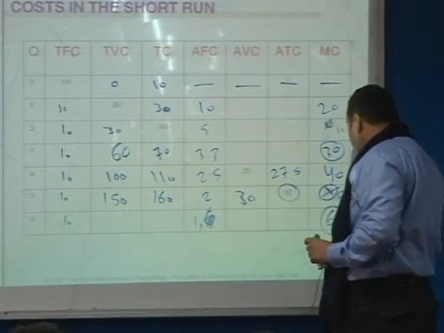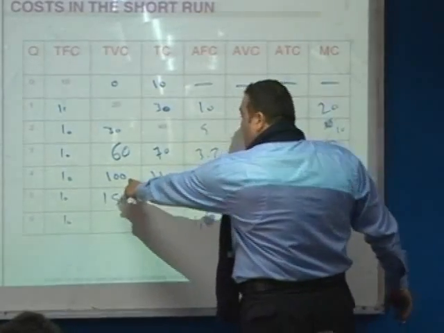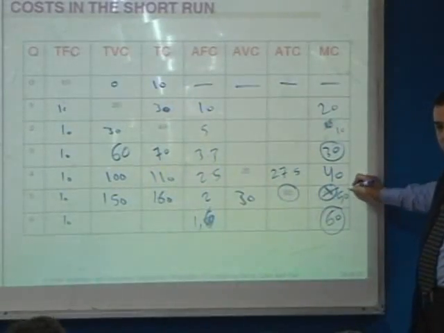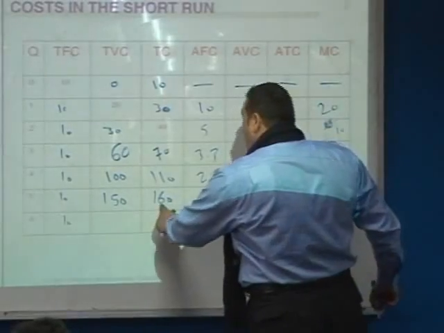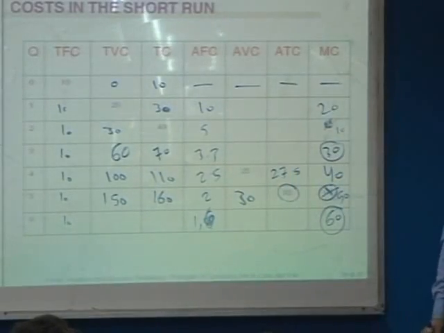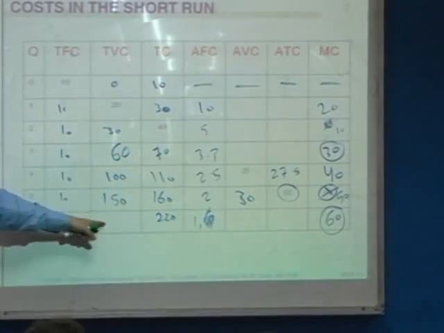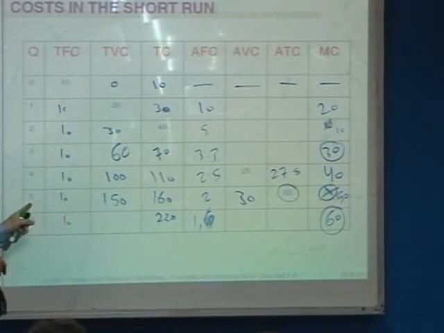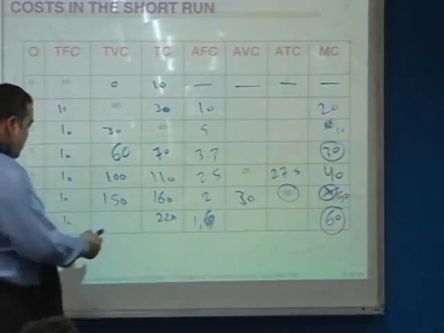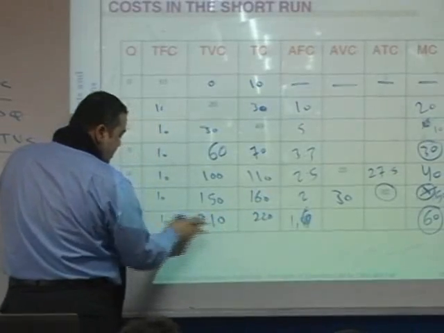Okay? These are given, but these needed to be moved down. So 150 minus 100 over 5 minus 4 equals 50. Then what minus 160 over 6 minus 5 gives me 60? 220. Or how much minus 150 over 6 minus 5 equals 60. How much minus 150? 210. This minus this gives me this. Right?